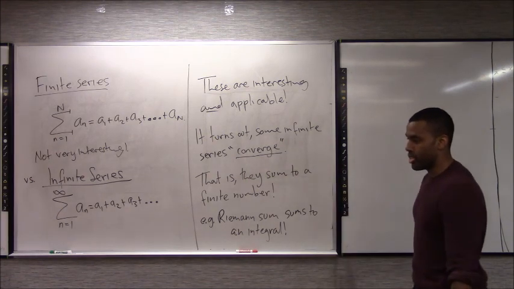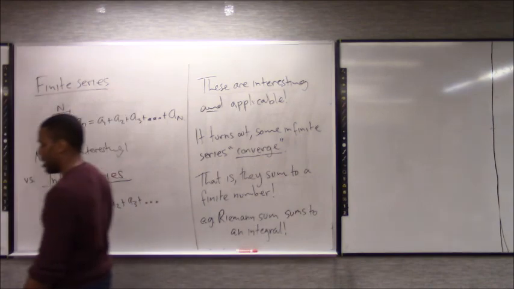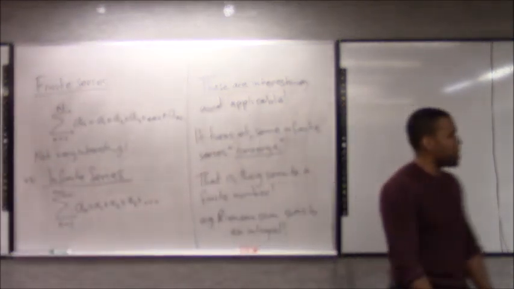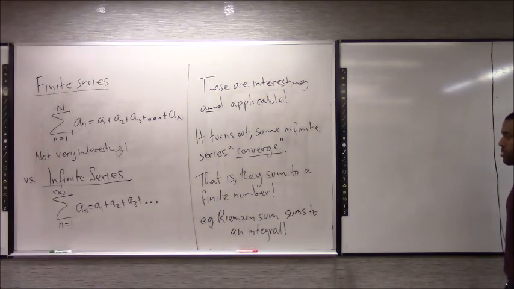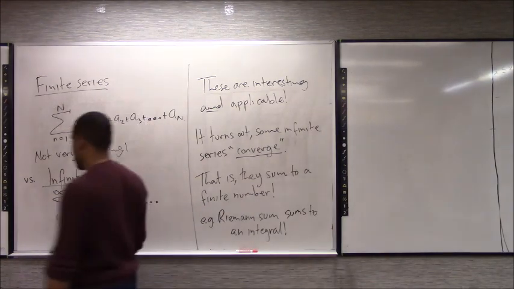All of integral calculus is really you calculating infinite series. When you say the integral of sine of x is minus cosine of x, what you're saying is if I make a bunch of dissections of areas and add up an infinite number of them, if the height of the area curve is defined by sine x, then this is going to add up to a number, minus cosine x.